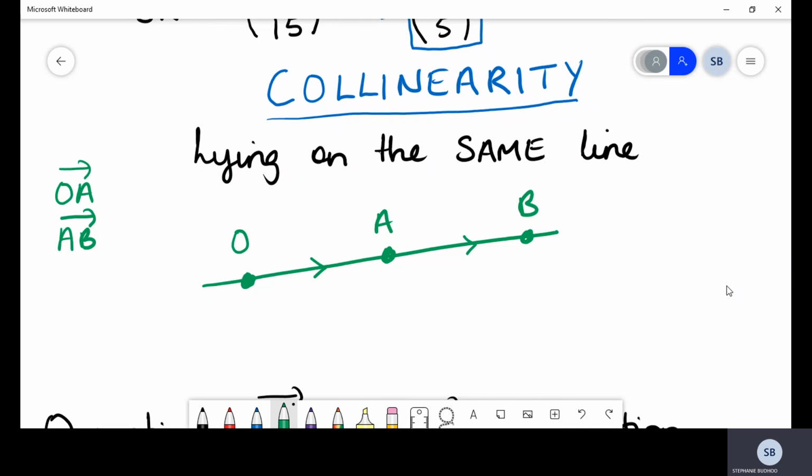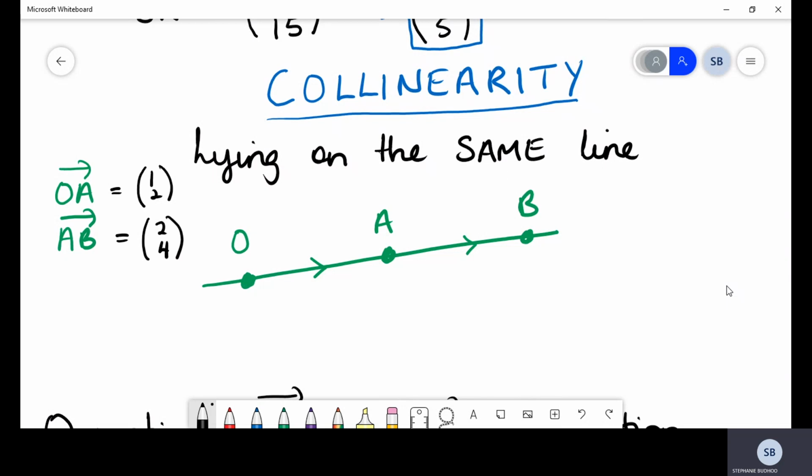Now, let's just say that the vector OA was equal to 1, 2. And the vector AB had values 2, 4.